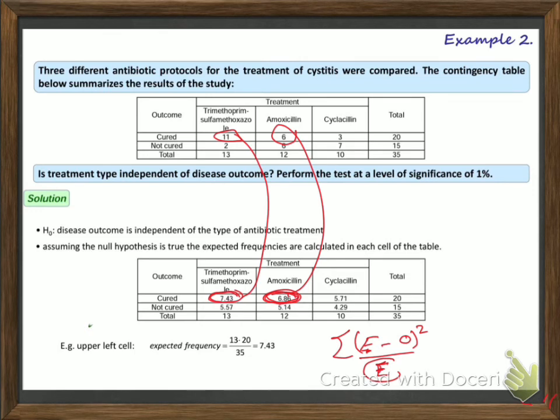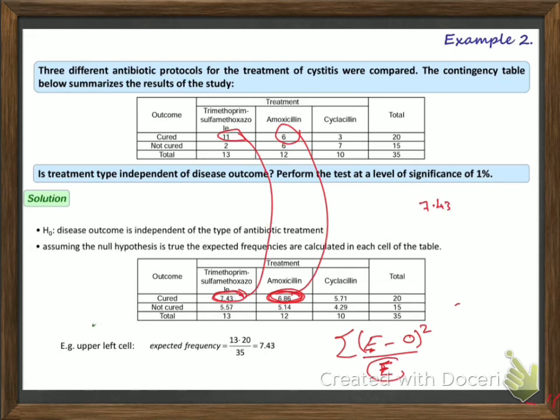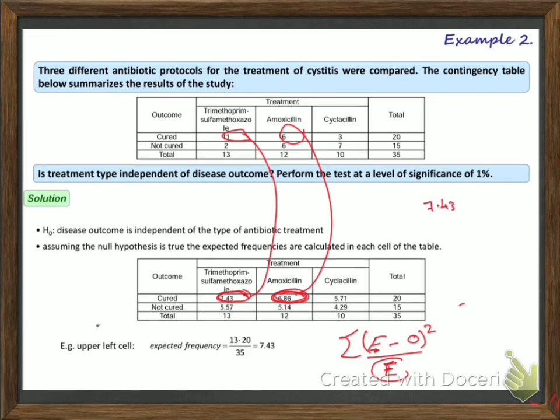Okay, so it will be 7.43, which is the expected value here, minus 11, squared, divided by 7.43, which is the first value. So this is the first one. We have to say sum of all of them, but since we are expanding now, we put all the values, plus the second cell.